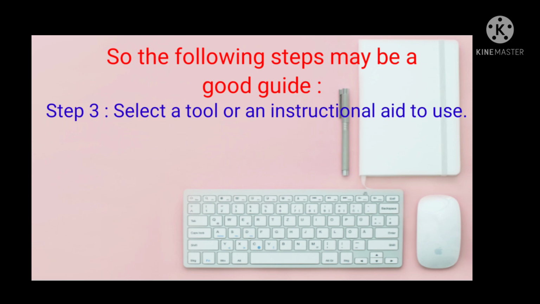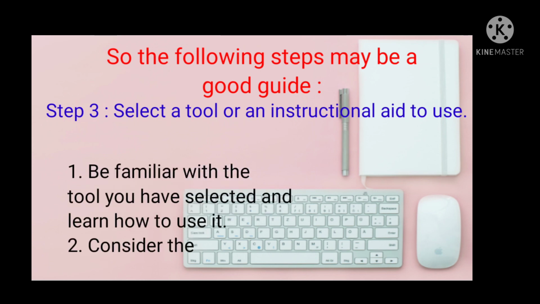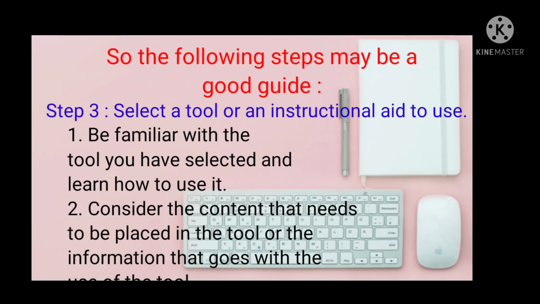Step 3. Select a tool or an instructional aid to use. 1. Be familiar with the tool you have selected and learn how to use it. 2. Consider the content that needs to be placed in the tool or the information that goes with the use of the tool.